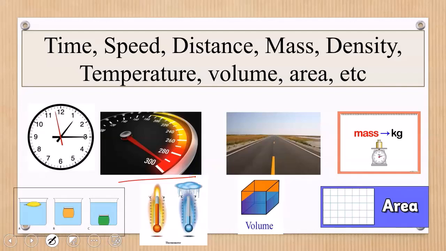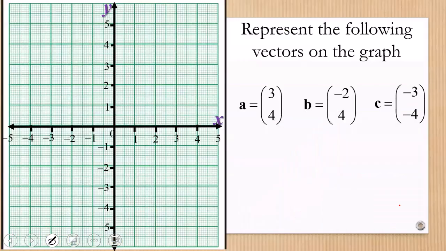Then we talk of speed, distance, mass, density, temperature, volume, area. They are all physical quantities, but they can be described as scalar quantities. Good. Now, I want to concentrate on the vector quantity and learn how to represent vectors graphically.